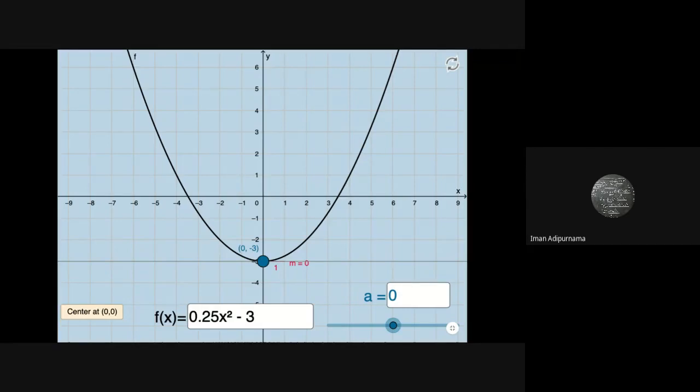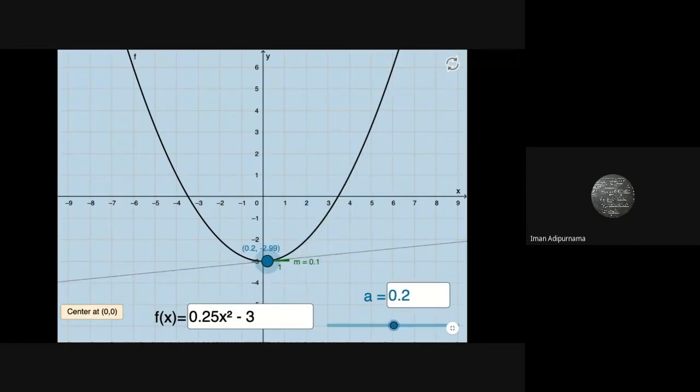The visuals are way easier to understand instead of some notations, formulas, and definitions. Sometimes it's not really clear what they mean. But if you see the graphs, you can see clearly the point, the x, y, and when the point is changing, the tangent is also changing.